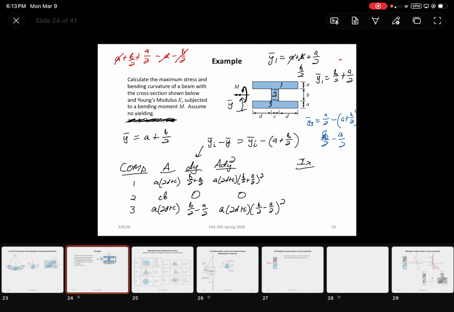And then your Ix term is just going to be, for 1, 1 over 12 times 2d plus c times a cubed. Same with this. And then for the section 2, it's going to be 1 over 12 times c times b cubed.